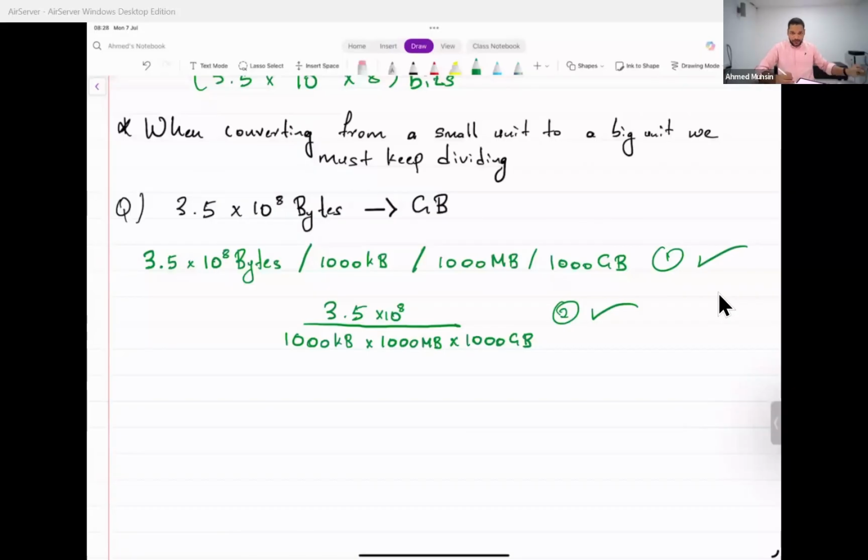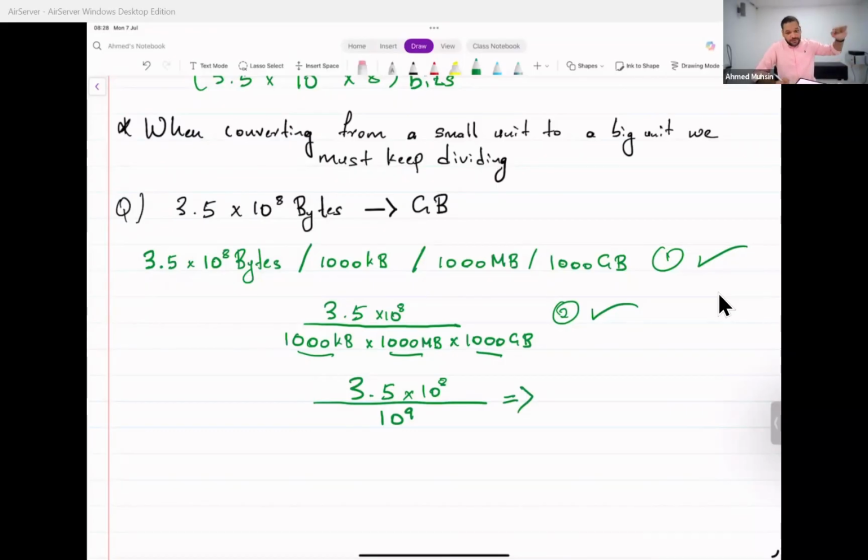I'll also show you all method 3 here. You can write it like this: 3.5 times 10 to the power of 8 divided by 10 to the power of 9. 3, 6, 9, nine zeros, no? 10 to the power of 9. Okay? You can also write it this way. And if you want, you can further simplify it.